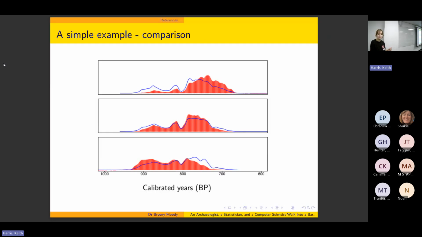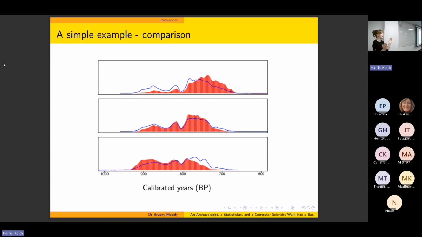But if we plot them over each other, you can see that we do have slightly more peaks in different places. And at a given site, you're likely to have way more than 3 dates. So quite quickly, these constrain them, and you can reduce these by hundreds of years, which is really helpful. There's also more information that we can include as well, which I'm going to talk about.